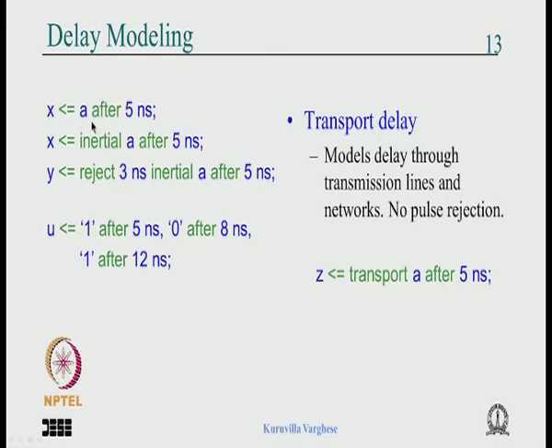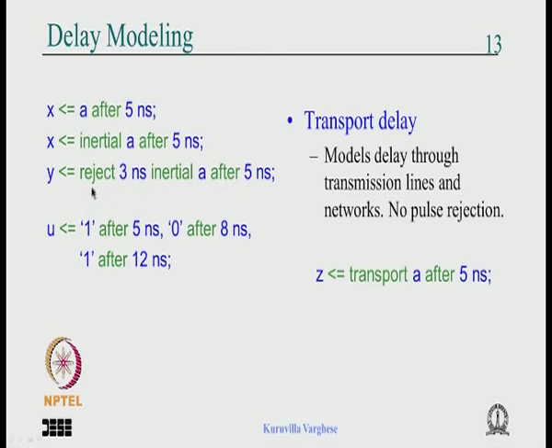So anything below 5 nanosecond does not appear at the output. Okay, so another way of writing that is X gets inertial A after 5 nanosecond, inertial being the default, so even if you do not say it, it is the same as inertial.